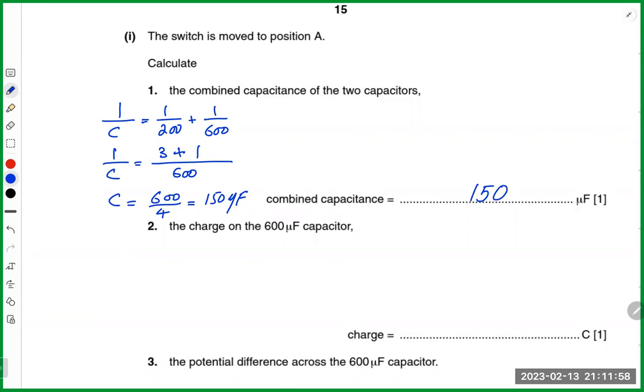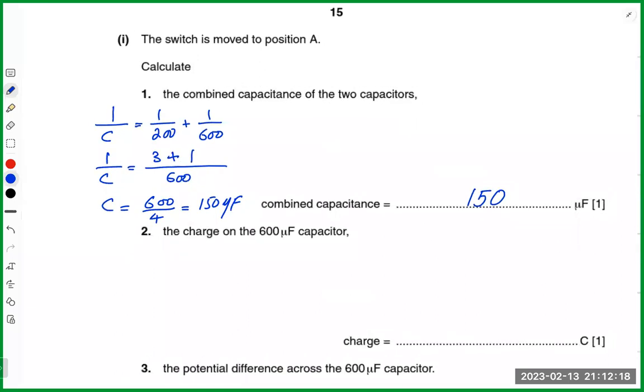Okay, if you are like me and you don't like fractions, I hate fractions because look, I was about to make a mistake over there. So sometimes I avoid these LCMs and reciprocal thing.